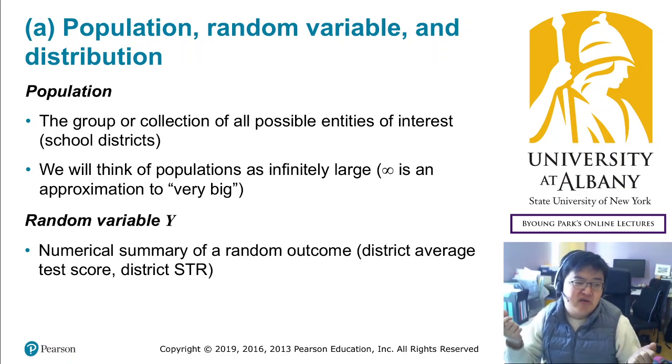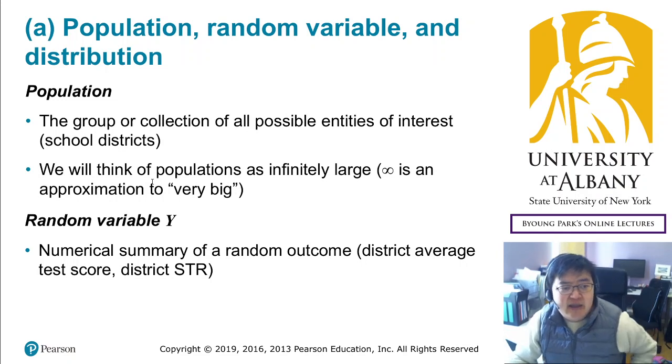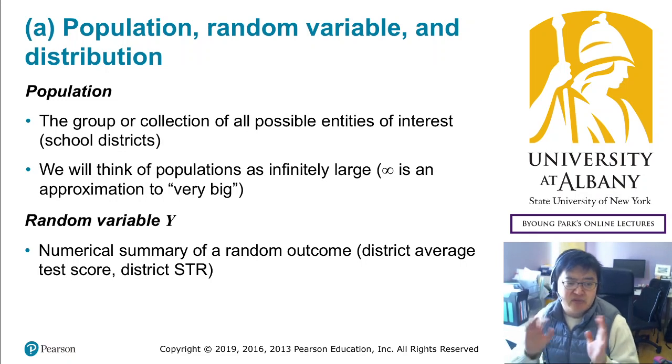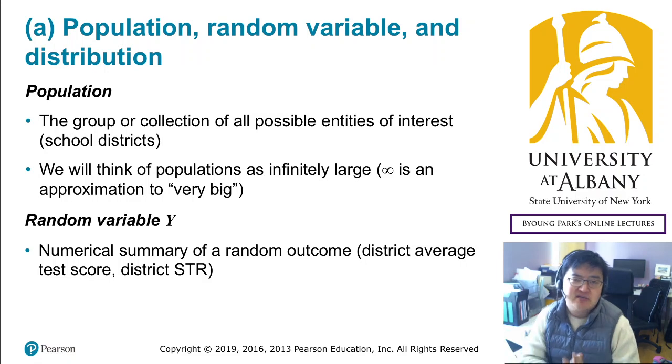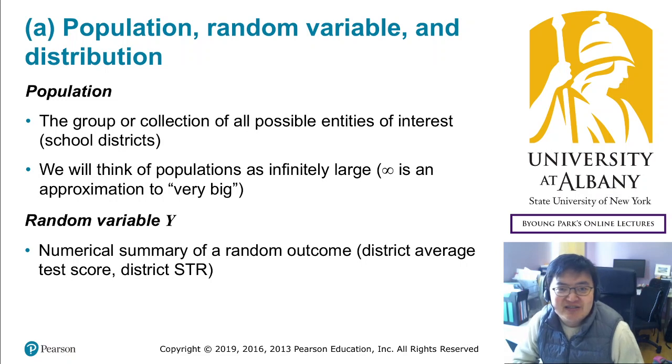You know everything, so it's just a matter of computation. In our framework, we are going to assume that the size of the population is infinite because it does not matter. If you know the population, you don't need statistics. It's just computation.